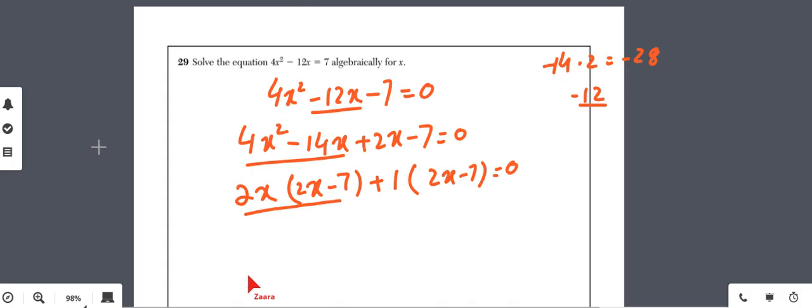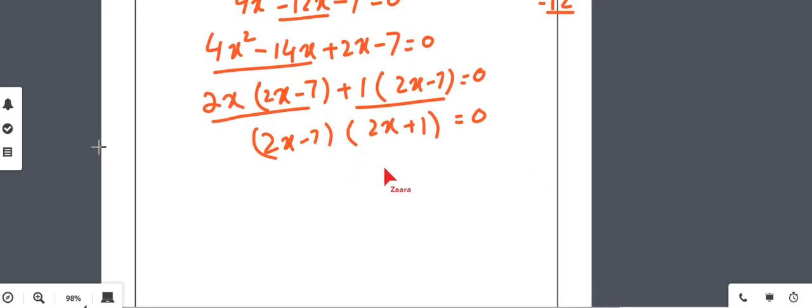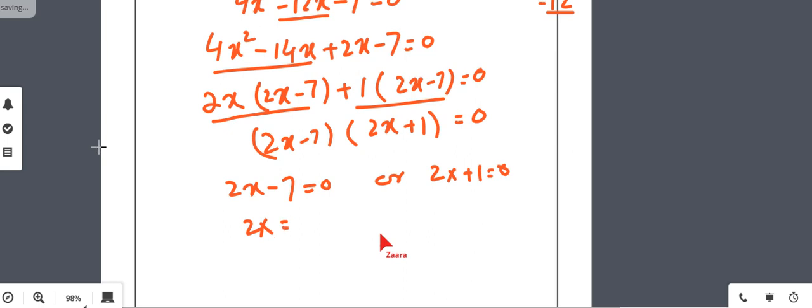Now 2x minus 7 is a common factor, so I will get 2x plus 1, equals 0. Since the product of two factors is 0, either 2x minus 7 is 0 or 2x plus 1 is 0. By adding 7 on both sides, 2x equals 7, and x becomes 7 by 2. By subtracting 1 from both sides, 2x equals negative 1, and x equals negative 1 upon 2.